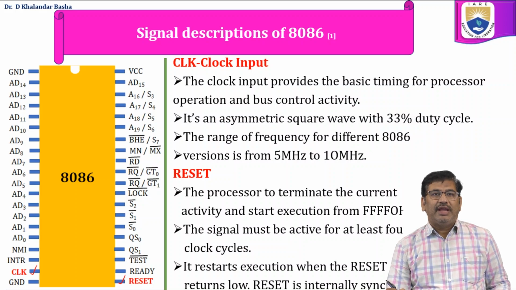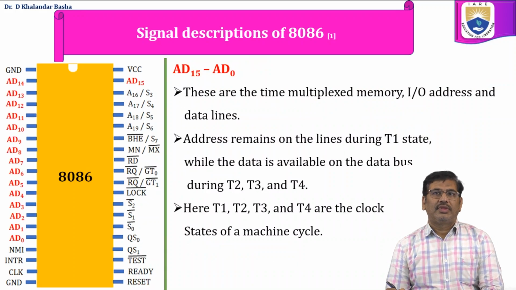The signal must be active for at least 4 clock cycles to reset the processor. It restarts execution when the reset returns to low. A reset is internally synchronized with the clock signal.